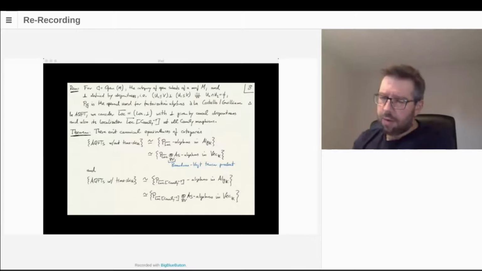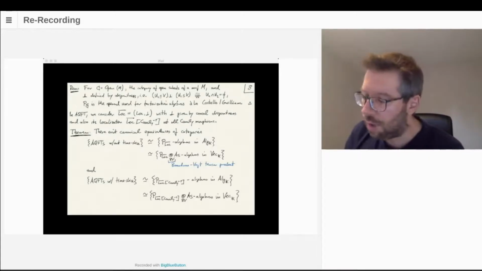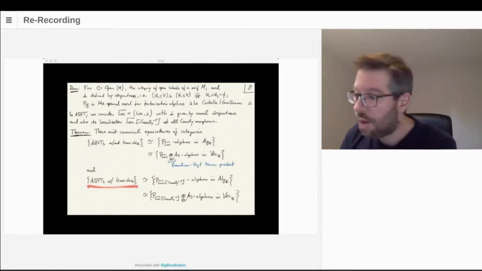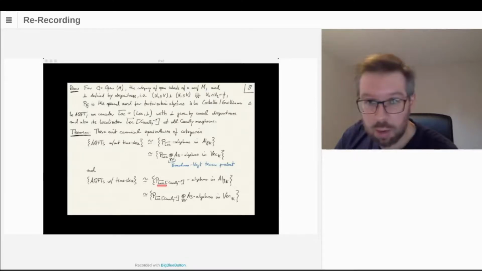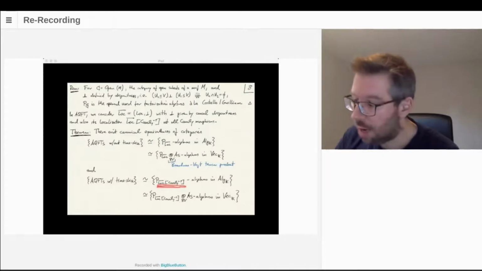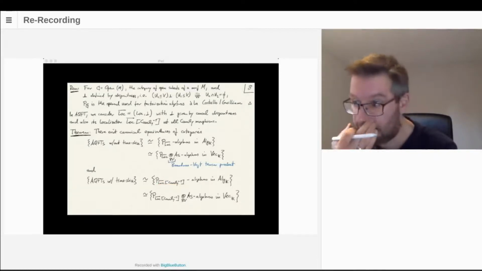Now, you have a similar statement for AQFTs with time slice axiom. So the category of AQFTs with time slice axiom is equivalent to the category of prefactorization algebras, but now with respect to the localization of Loc. So you localize Loc at all Cauchy morphisms. So you invert all Cauchy morphisms formally.